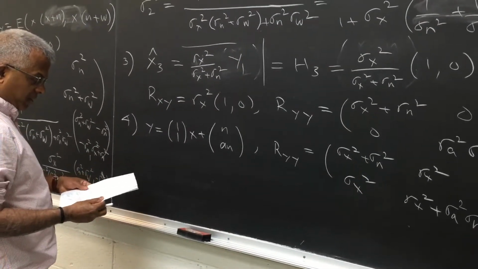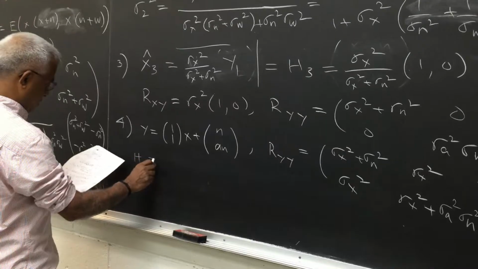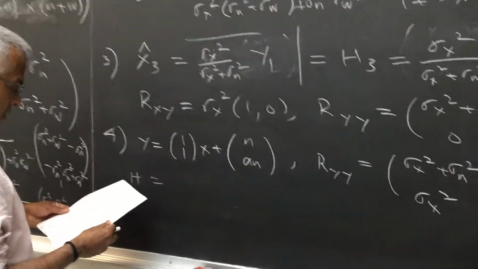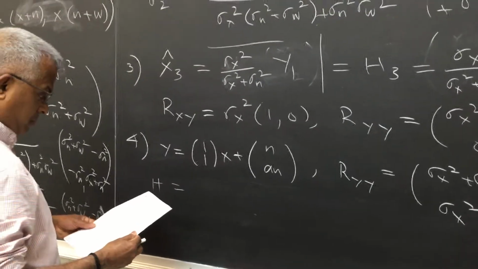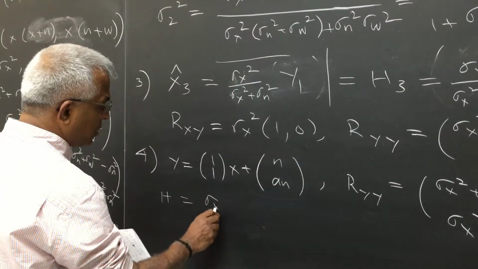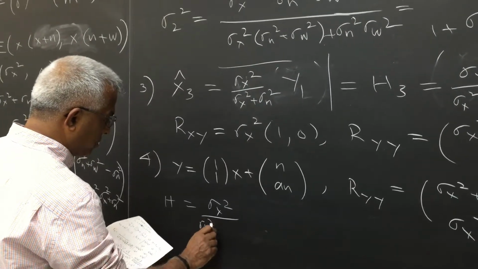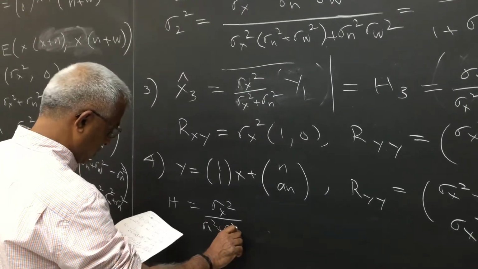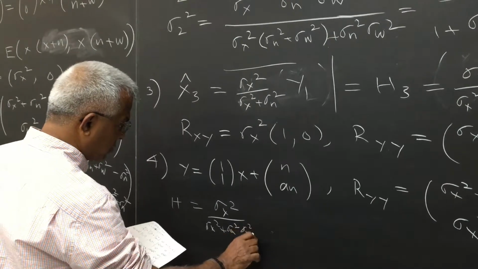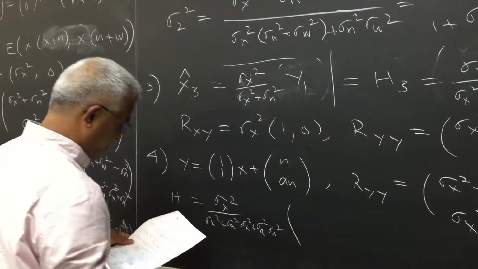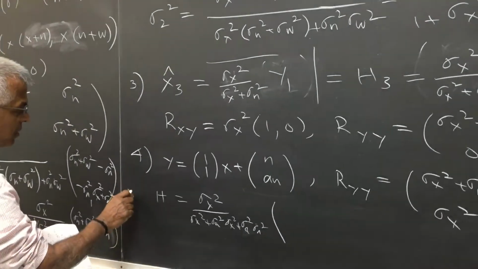H will turn out to be, of course, a constant, sigma x squared over sigma x squared plus sigma a squared sigma x squared plus sigma a squared sigma n squared, multiplied by, so I'll write down the estimator itself.